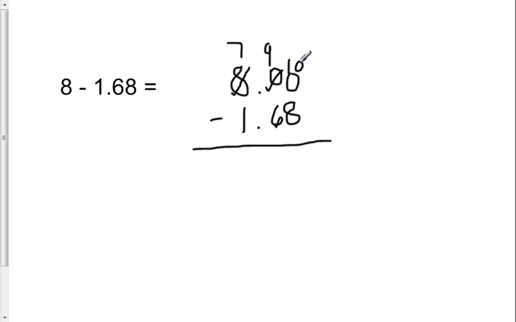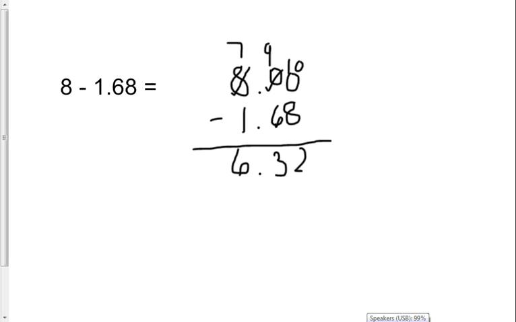This becomes a 10. Minus 8 is 2. 9 minus 6 is 3. Decimal points lined up. 7 minus 1 is 6. My actual answer is 6 and 32 hundredths. Very close to my estimate of 6.